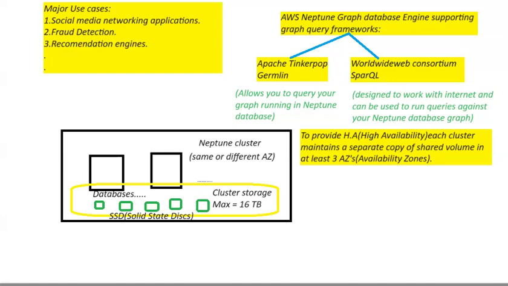So if any segment fails in any cluster, it gets detected by the storage auto repair, which makes up the shared volume and then automatically repairs that segment using the data from other volumes in the cluster. This ensures that data loss is minimized and the need to restore from failure is drastically reduced.